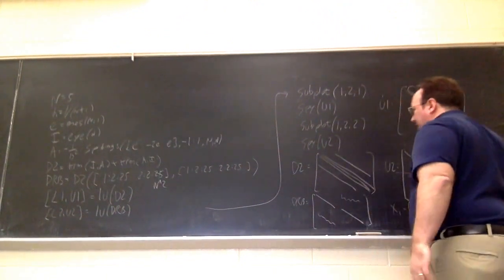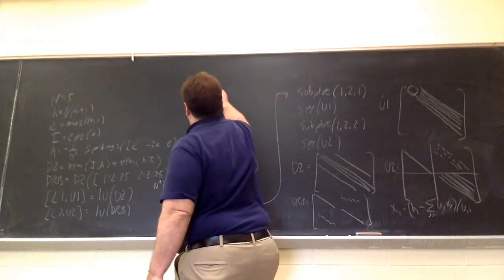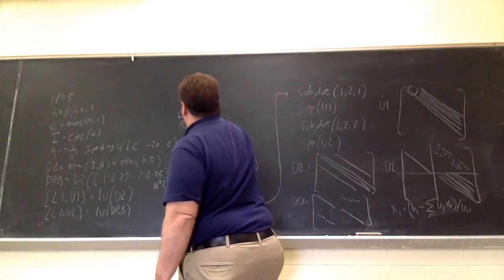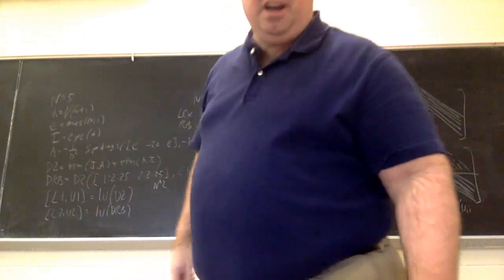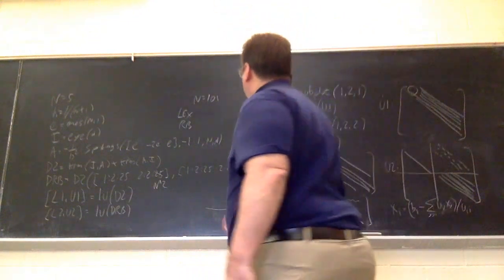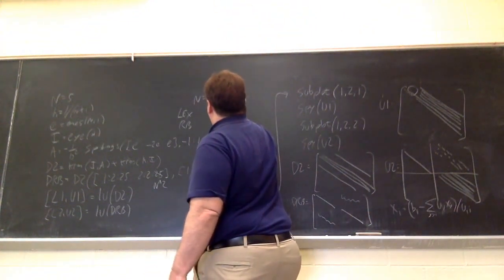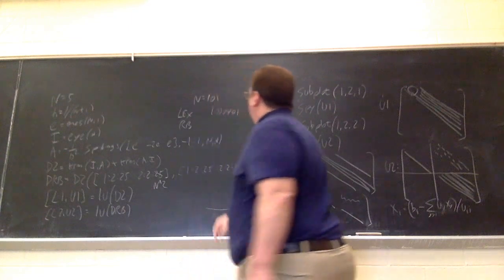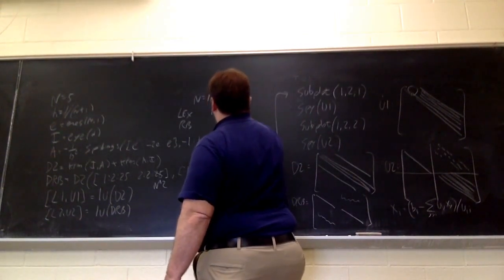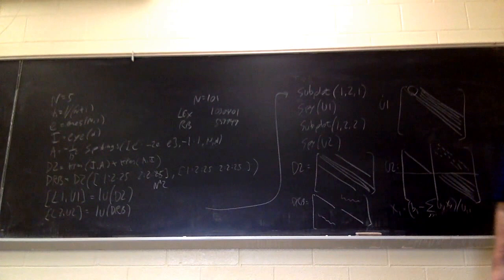So when n is equal to 101, with lexicographic versus red black, I get 103,0401 non-zero entries. And then red black is 537,949. So it's a little more than half the non-zero entries.